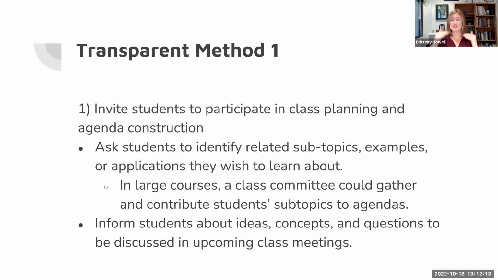So you don't have to start with nothing and have the students help you build a syllabus or an agenda from scratch. You, of course, have course learning objectives and things you need to cover, but you might be able to ask students for a little bit of input a couple days ahead of time for maybe how they learn that material or what applications would be most important for them or most salient for them.